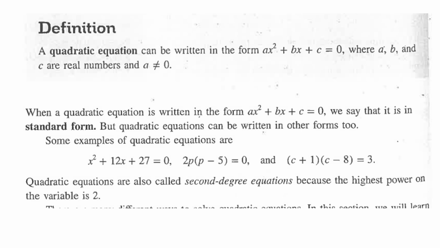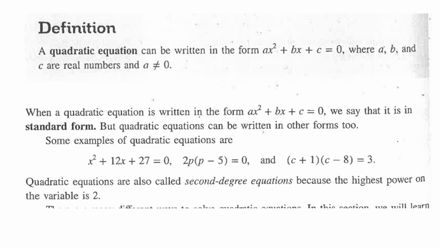A quadratic equation can be written in the form a times x squared plus b times x plus c equals 0, where a, b, and c are real numbers and a does not equal 0. The x is the variable and a, b, and c are coefficients.